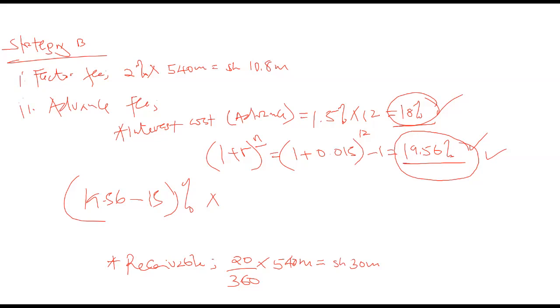Don't forget, 20 days, what does the 20 days mean? It means that you're making sale every 20 days. The question is that within that period of 20 days, how much sale have you made? It's 20 divided by 60 times 540, because 540 is sale for the entire year.